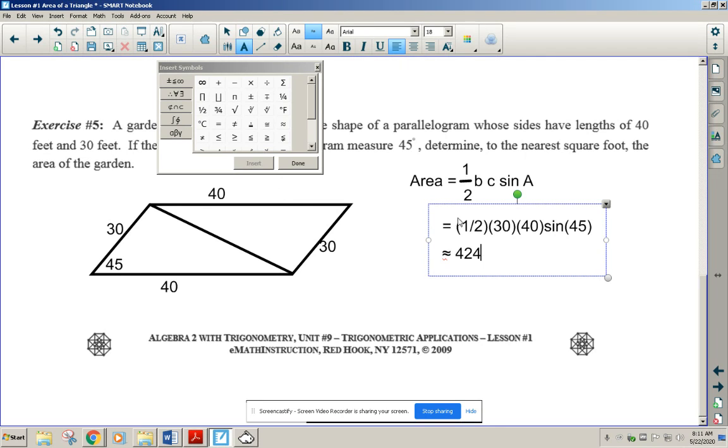But this is just the area of a triangle.